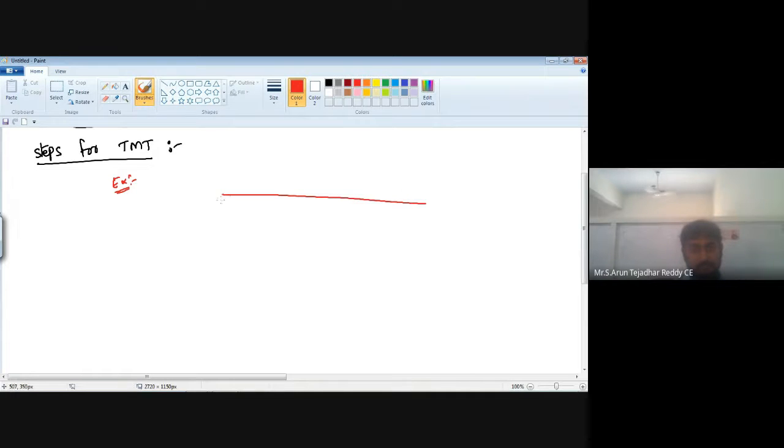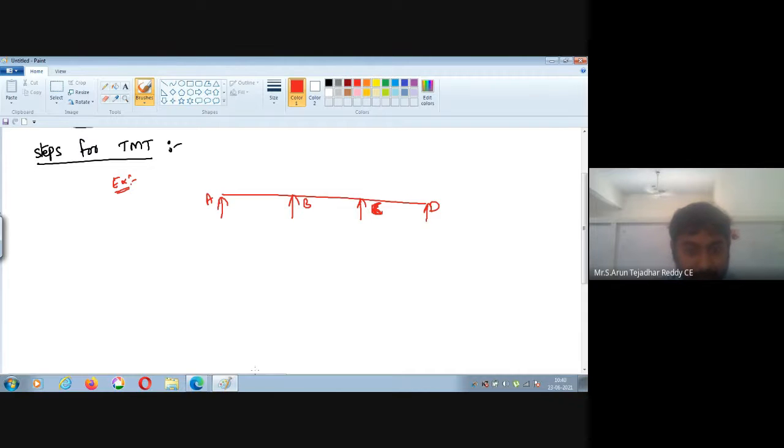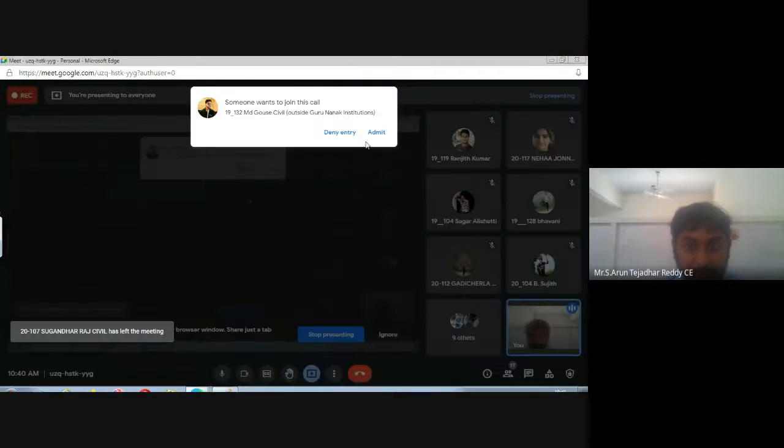So this is one continuous beam A, B, C, D. Think it is four supports A, B, C, D. Totally how many supports are here? Four supports. And how many beams are available here? A to B is the first beam, B to C is the second beam, and C to D is the third beam.